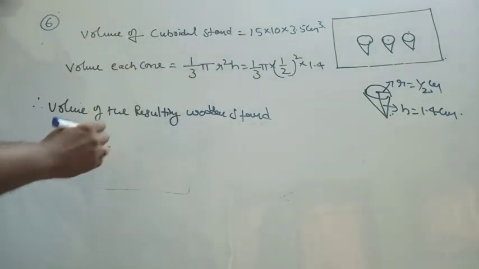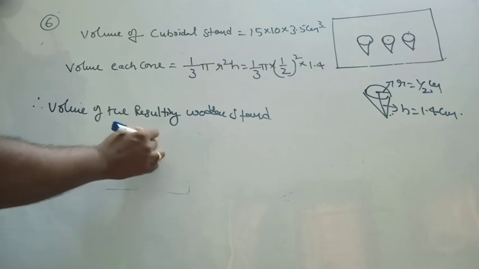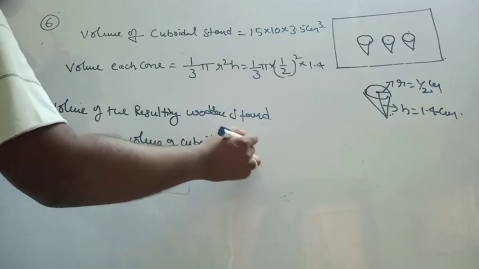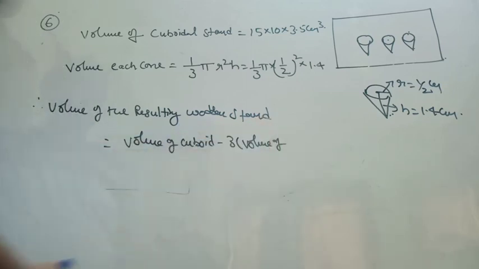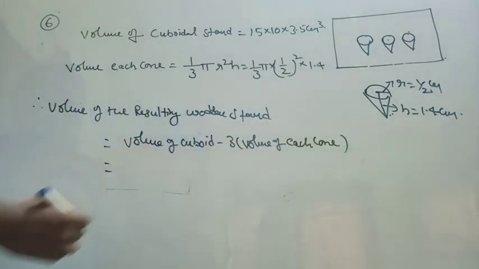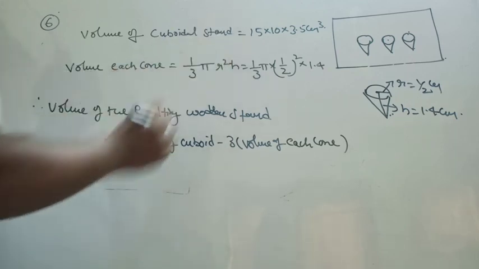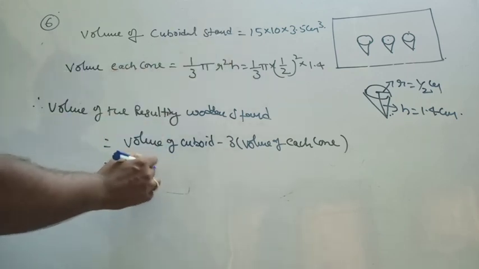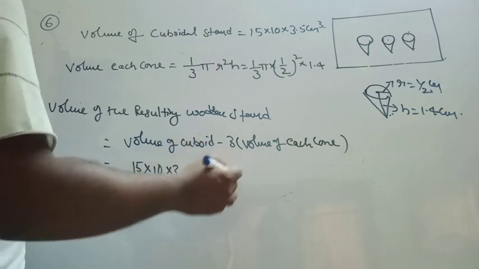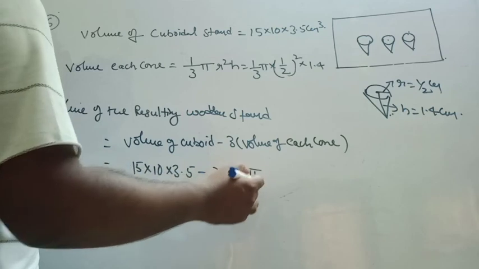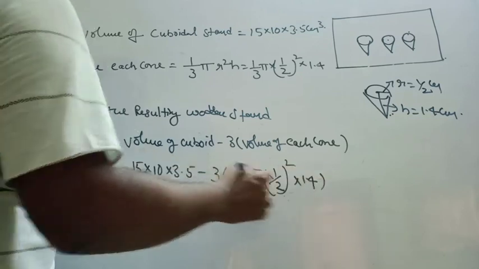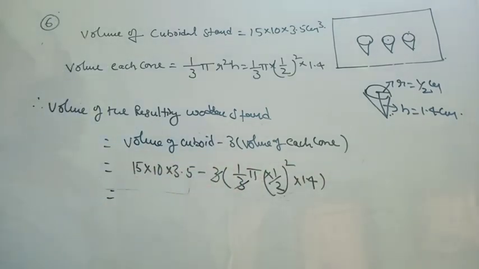That is the volume of the cuboid, 15 into 10 into 3.5, minus 3 times the volume of each cone, that is 1/3 into pi into 1/2 whole square into 1.4. If you simplify, you will be getting the answer.